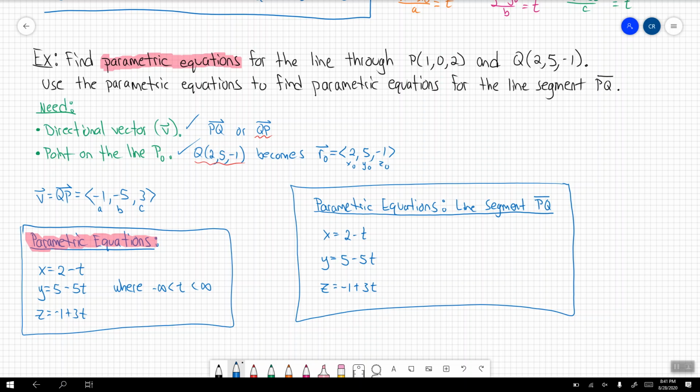Because these points are on the line, hence they must be on the line segment because they define the ends of the line. So if we can find what t values satisfy these parametric equations to give us these answers, then our job is done.